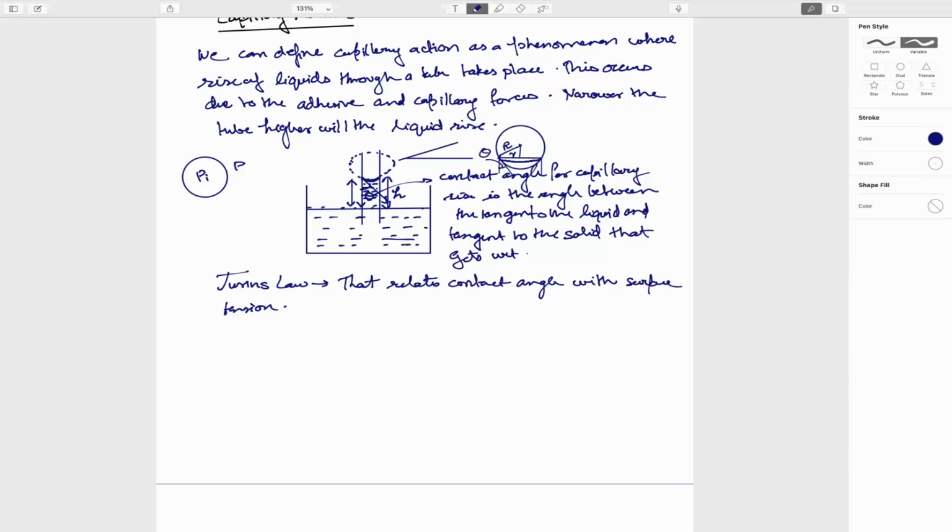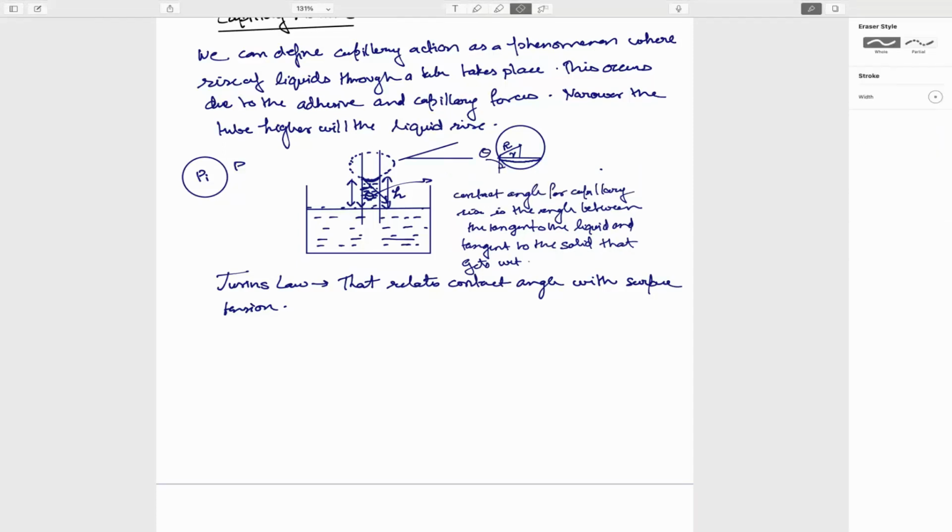So small r is the radius of this capillary tube, and this is the contact angle, that is theta. So can we relate R with r?